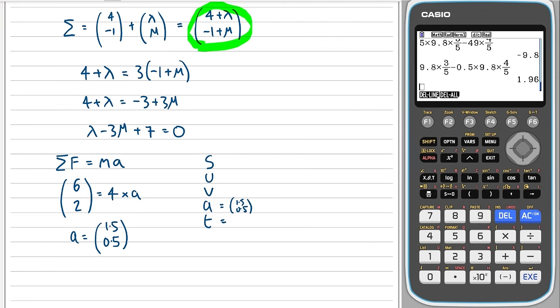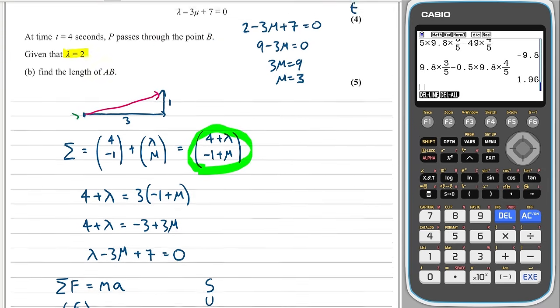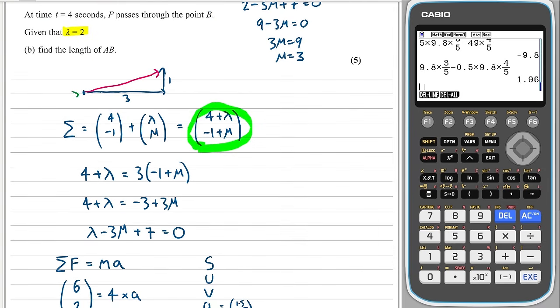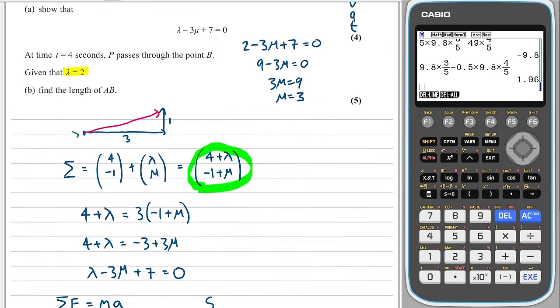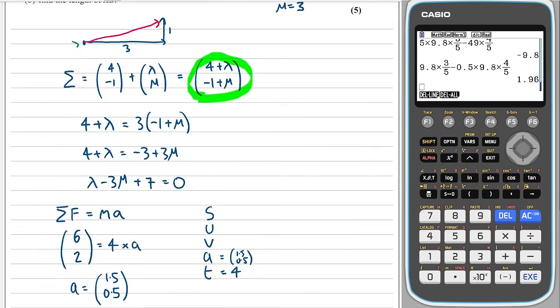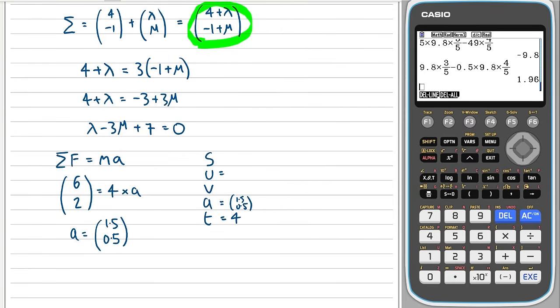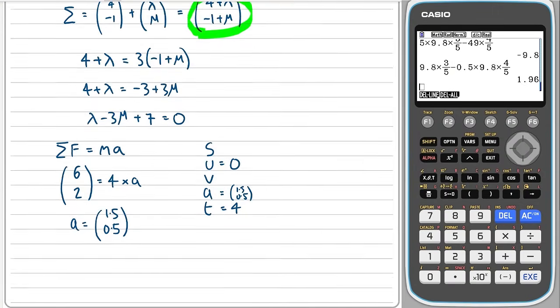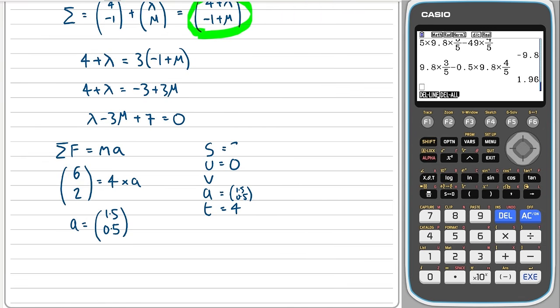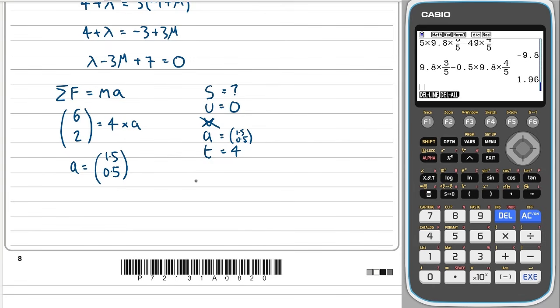The time we are told to investigate at t equals 4. We were also told initially that the object was at rest, so that's going to be useful. And we want to work out the length of AB, so the distance it's travelled, which means we're not going to use V, which means we're going to use S equals UT plus a half AT squared.